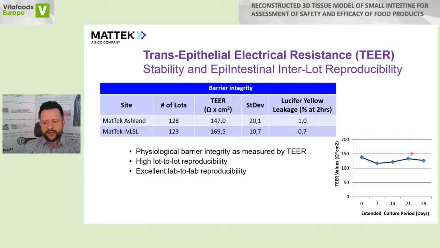Just to demonstrate a little bit on the longevity of the model, the model can be kept in culture for a long time, which is a big advantage when you want to do chronic exposure to some compounds, drugs, or nutrients, or repeated exposure. You can see here the tissue integrity measured using the transepithelial electrical resistance, which is measuring, as I said, the integrity of the tissue or the tight junctions.